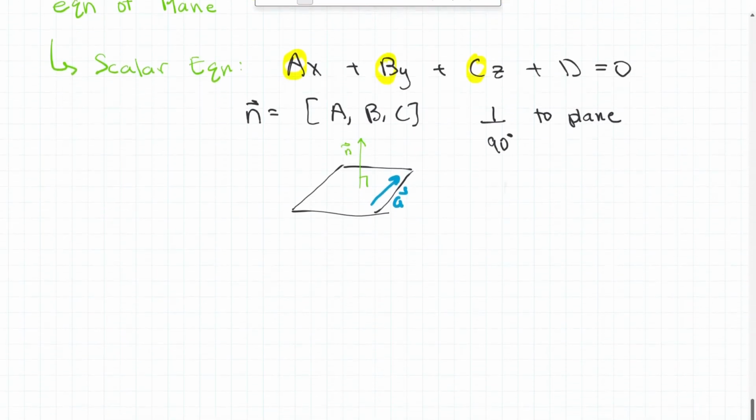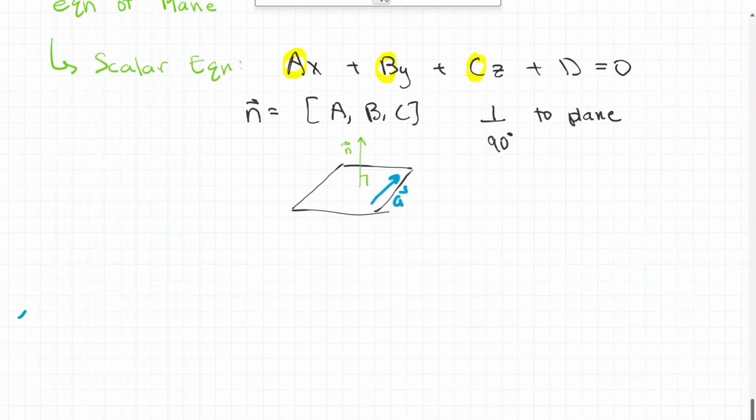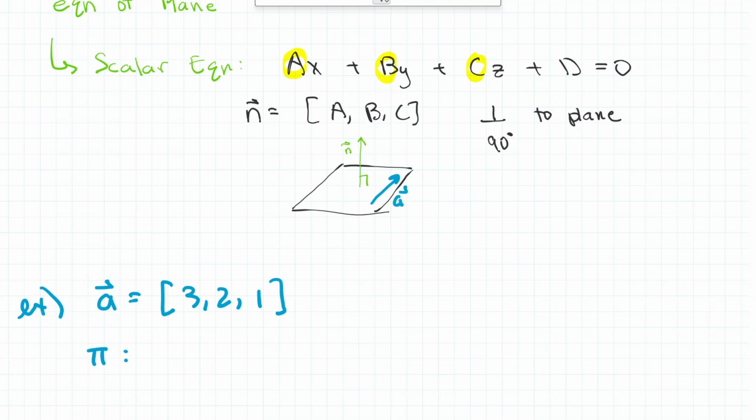Okay, so let's look at a specific example to help us figure this out. In particular, let's say that our vector A equals 3, 2, and 1. So this is our vector, and we want to know, is it parallel to our plane? And this is going to be the equation of our plane.